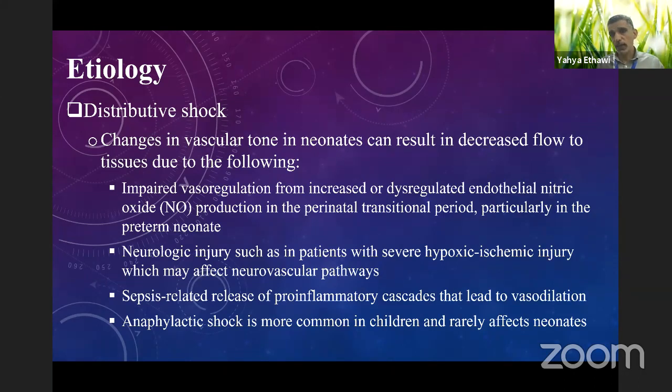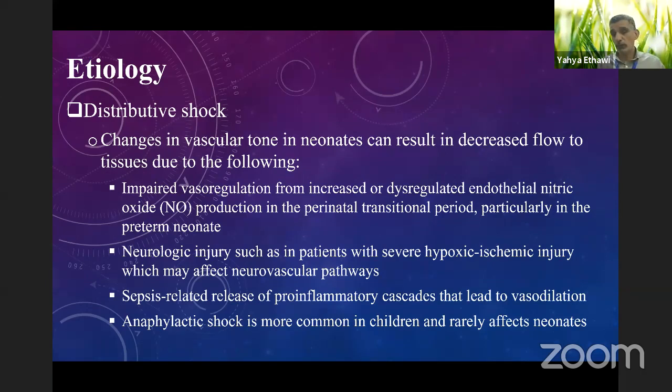And the vasoregulation might not affect the vital organs, such as the kidney or the heart or the lung or the bowel, but it would affect the brain. And remember, most people, when we treat shock, we monitor everything, but not the brain oxygenation. And this is the most important thing to monitor.